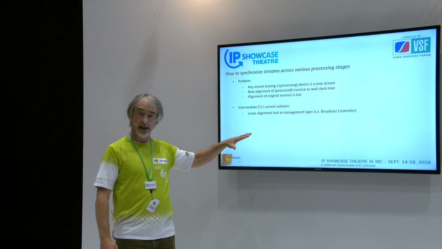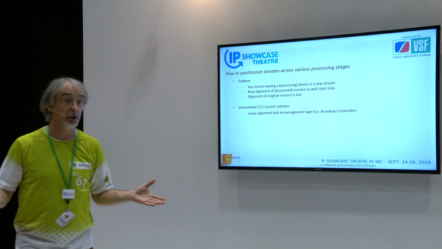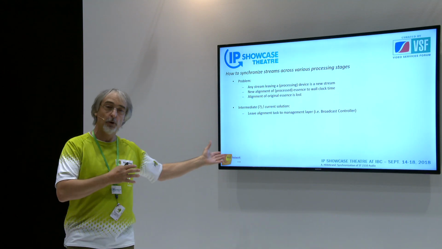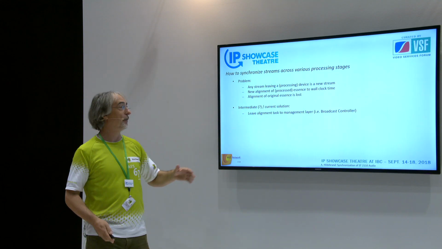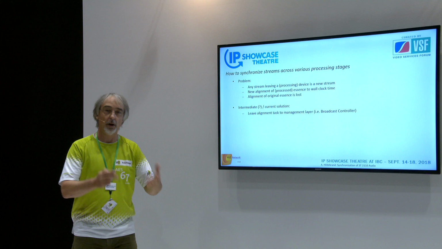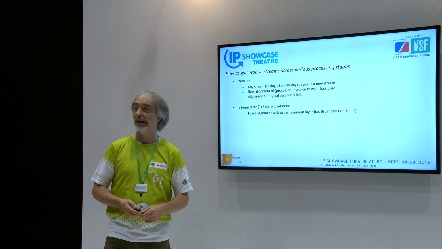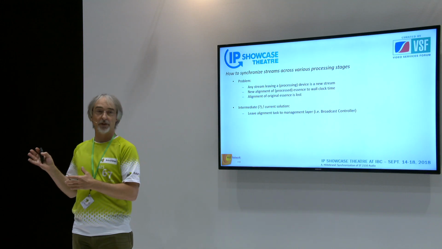That is not defined, and there are so many guys out there, also in the showcase, who have broadcast control systems. They could deal with this, and they do it by day anyway. It would just need a few more definitions on how to actually tell the broadcast controller what the processing delays are. And some of this work is already being tackled by the NMOS group.